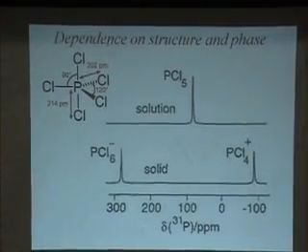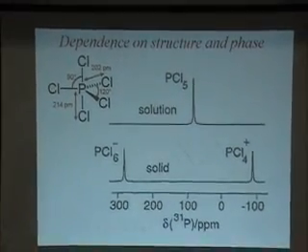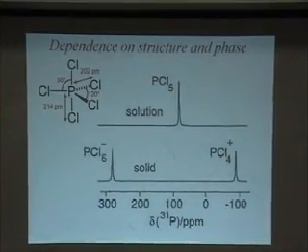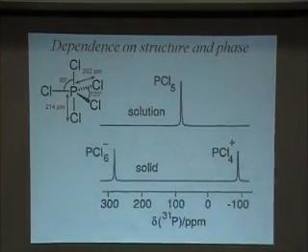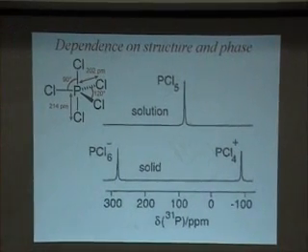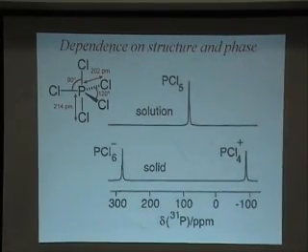Alright. Now I will give you a number of examples that show how chemical shift changes and how chemical shift depends upon the environment, upon the structure, upon the geometry, upon the stereochemistry. So the chemical shift is the messenger of where that particular nucleus is in the molecule. What kind of molecule is it?